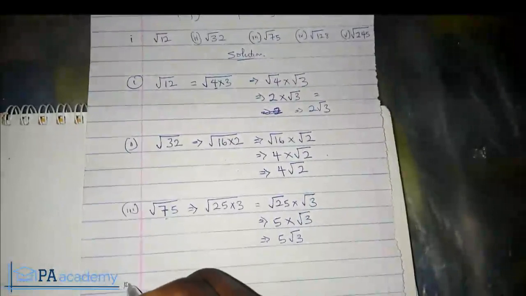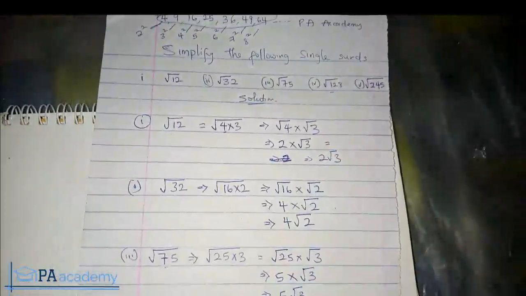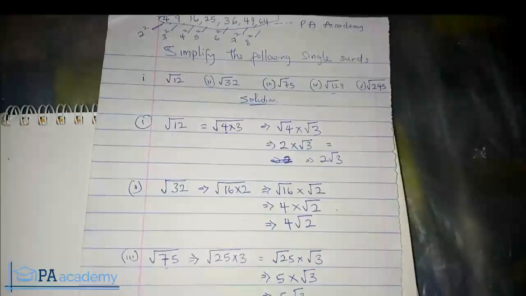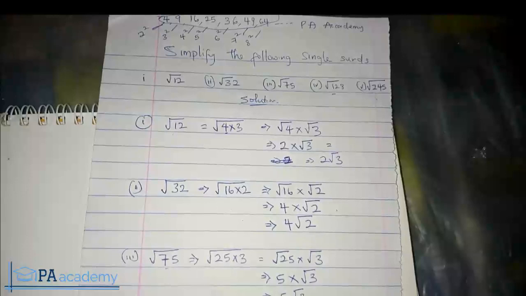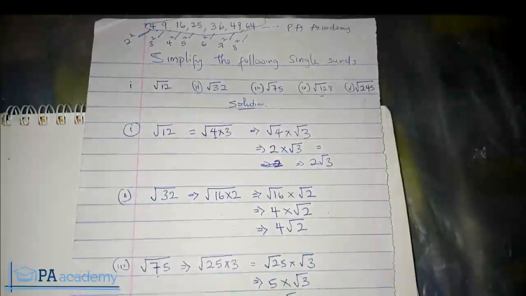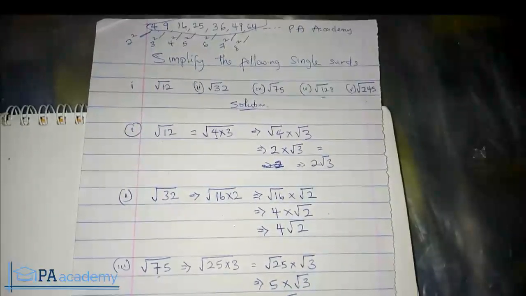Let's go to question number 4. This is number 4, the square root of 128. To simplify it, what perfect square can we use for this? We can use the square root of 64 times 2.